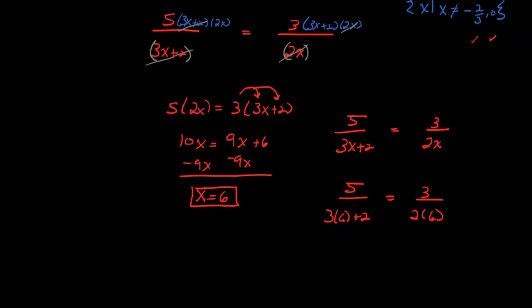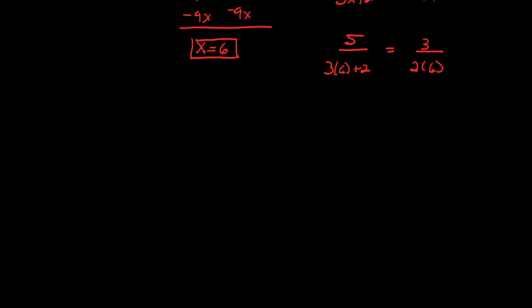And this will give us 5 all over 18 plus 2, which gives a value of 20, and this will give us 3 all over 12. 5 and 20 both share a common factor of 5, so this reduces to 1/4. 3 and 12 also share a common factor of 3, so this will reduce to 1/4.